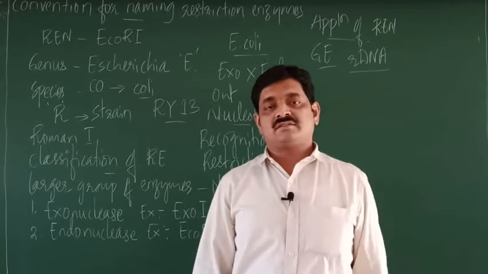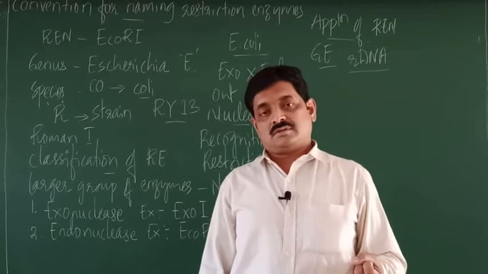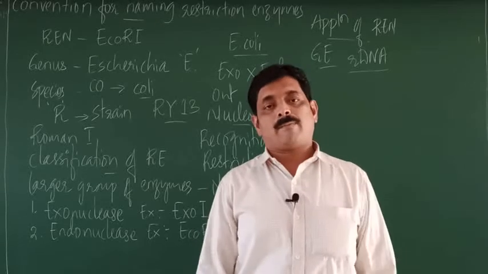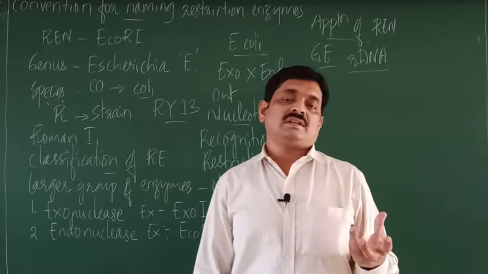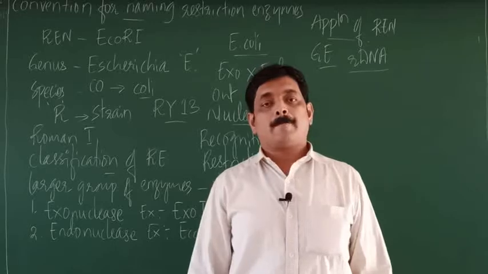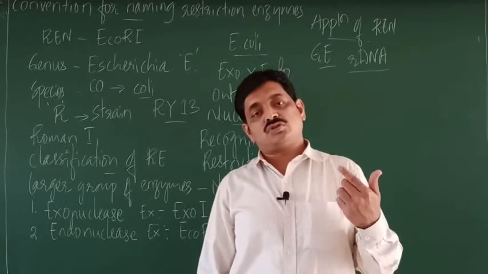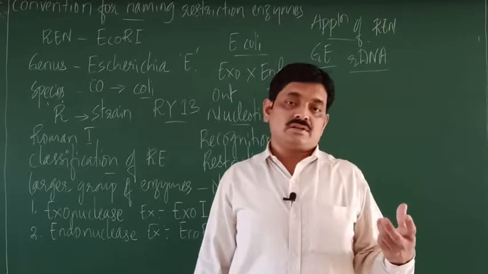So how is REN involved in the construction of recombinant DNA? See here, this REN is a molecular scissor, or we can call it molecular scissors. So this REN cuts the DNA, that is, it cuts the plasmid. Even it is used to cut the desired gene.